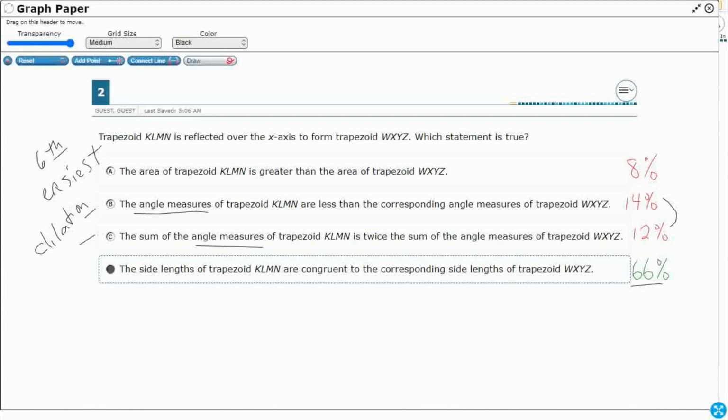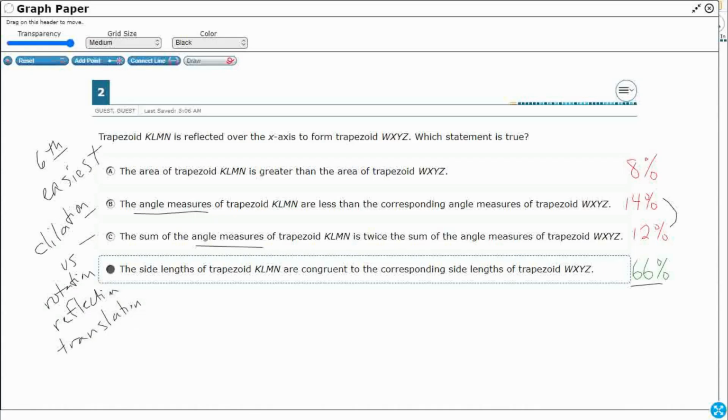So this would let me know that we need to do a little bit more work looking at transformations and the difference between a dilation, a rotation, a reflection, and a translation. Because of those principles: what happens if we dilate it, grow it, or shrink it, how does that affect the angle measures versus the side lengths?